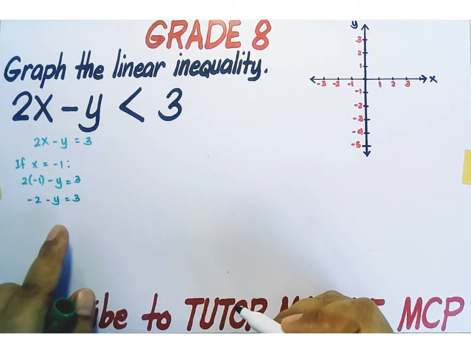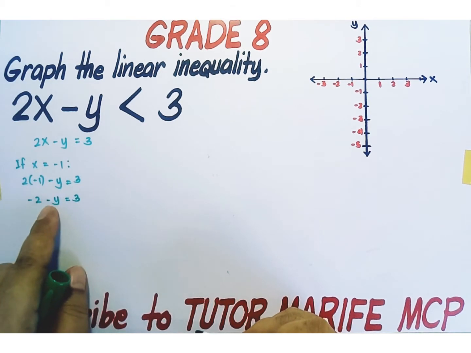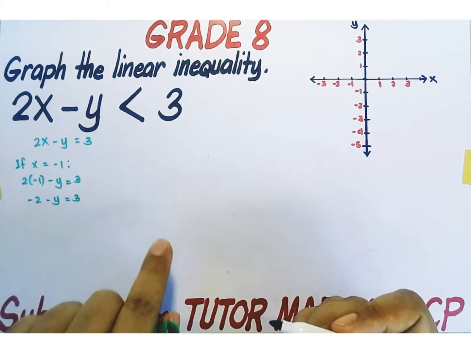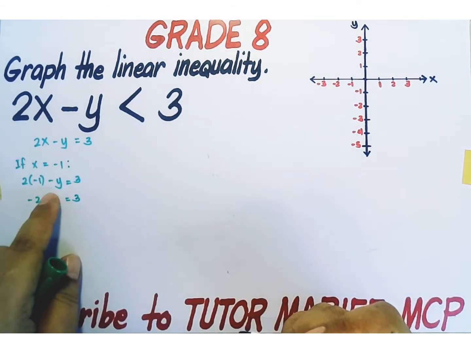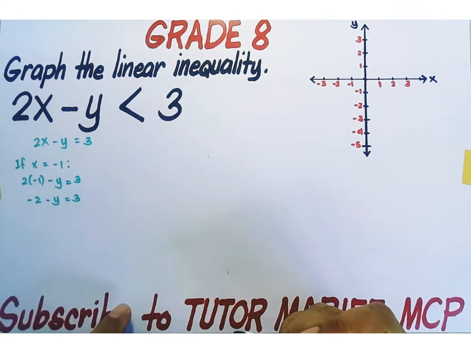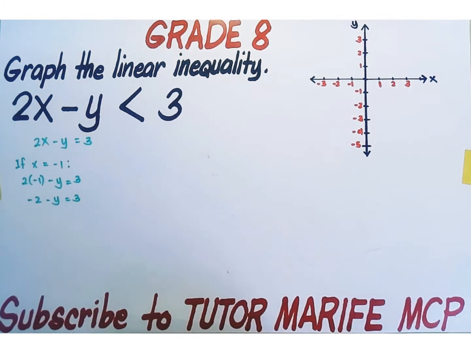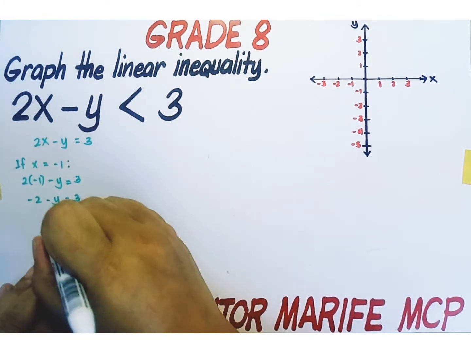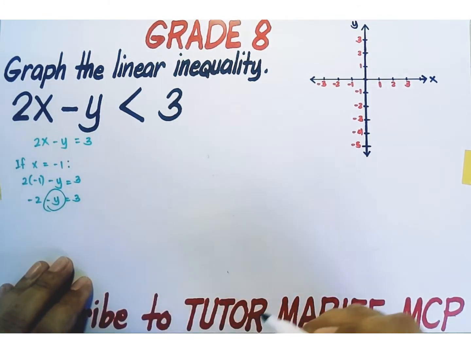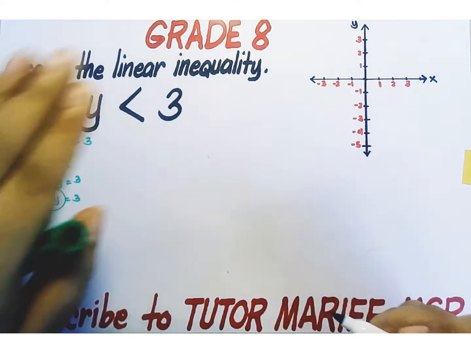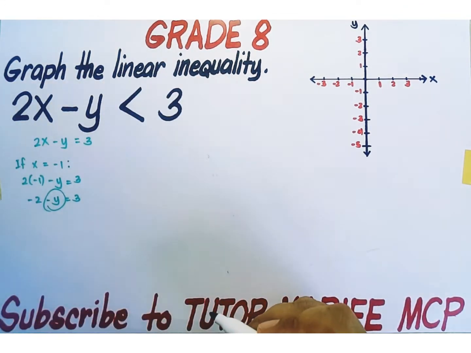I am solving for y. If I transpose the negative y into the right side of the equation, it becomes positive y. So I will isolate y on the right side instead of on the left side. When you transpose a term from one side of the equation to the other side, don't forget to change the sign of the term.